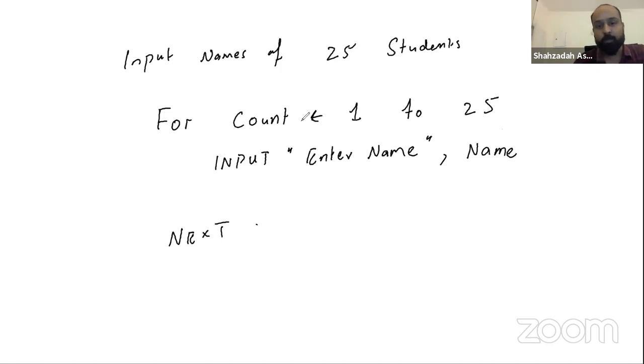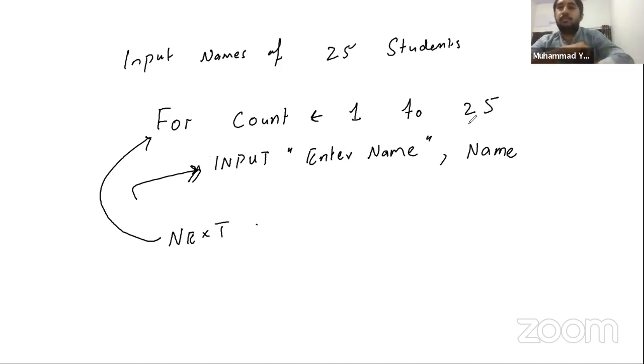For count 1, this instruction will execute. Next, we go up again. For the second counter, it will run this instruction again and again until we reach this level, that is 25. So this is the basic structure of the for next loop, how you can work with it.